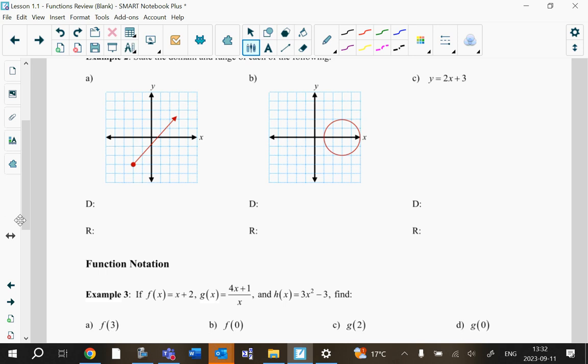Interval notation. That's where we use brackets or parentheses, sometimes infinity symbols, depending on the question. Otherwise, numbers. So how do we find the domain of a graph, like a line or a shape or a curve? We always find the furthest x value to the left.